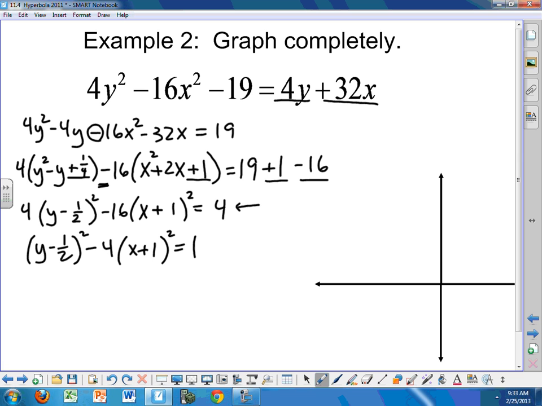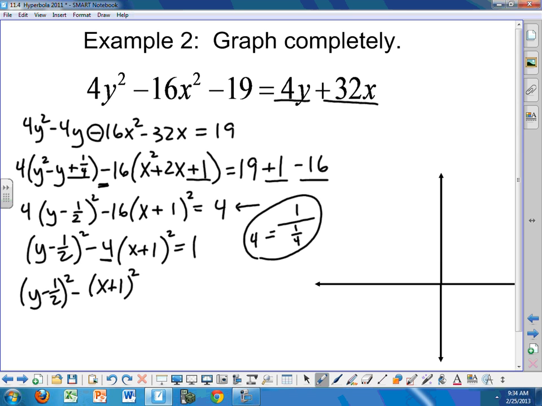I don't like the look of this 4 right here, but I remember this. 4 is equal to 1 over 1/4. A little math trick from 5th grade math way back in, I won't say when. But anyway, y minus a half squared minus x plus 1 squared, and this is going to be over 1/4 equals 1.